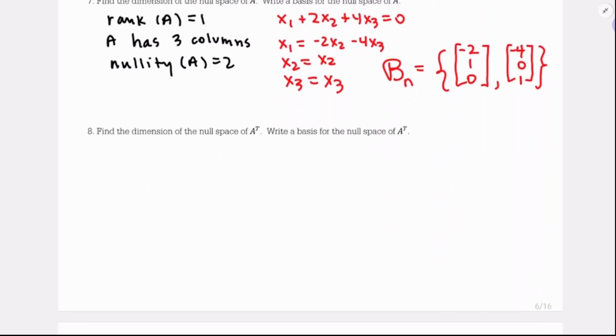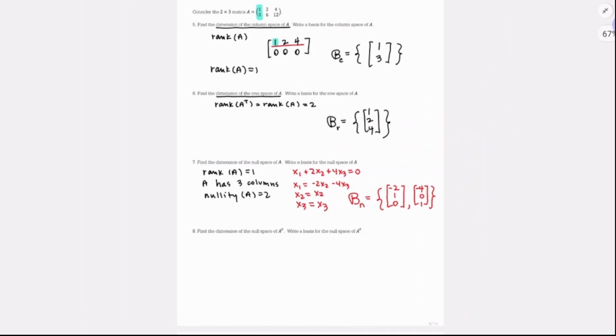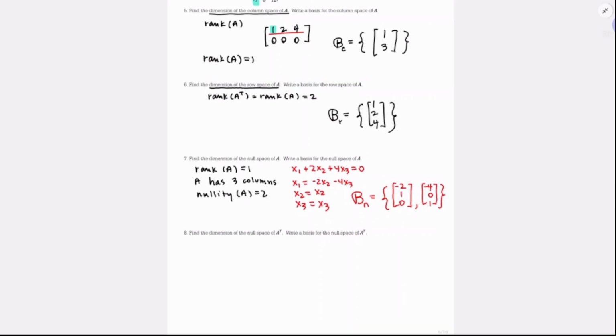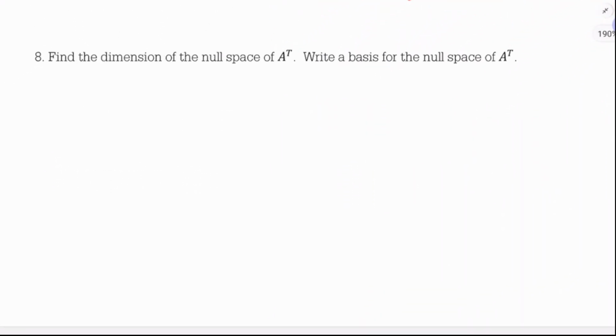Okay, find the dimension of the null space of A transpose. Write a basis for the null space of A transpose. Okay, think about that. Dimension for the null space of the transpose. Well, let's think about this. A is 2 rows by 3 columns.